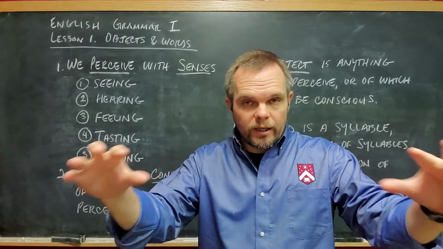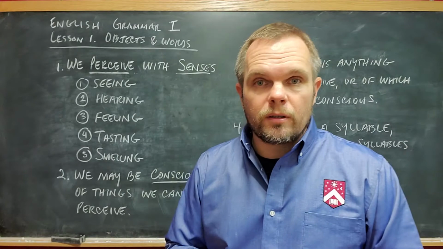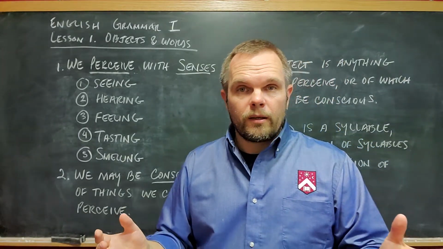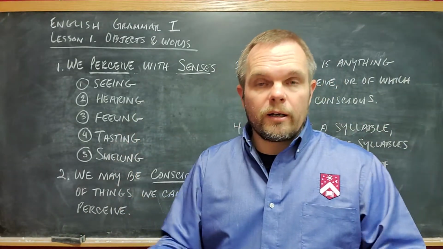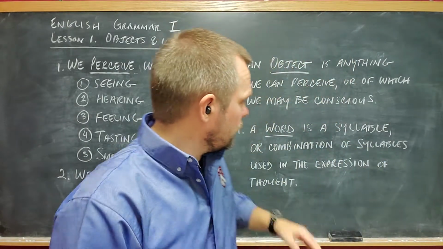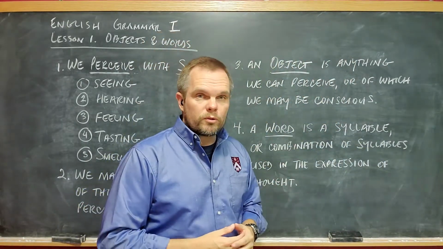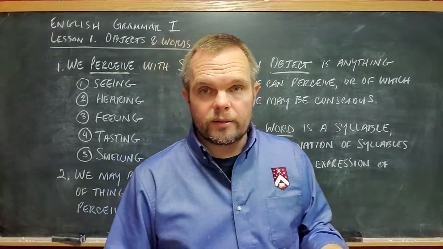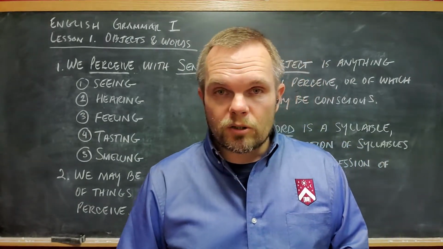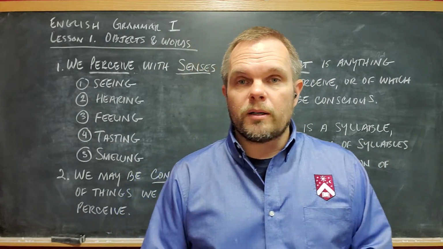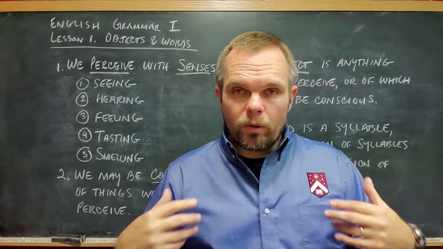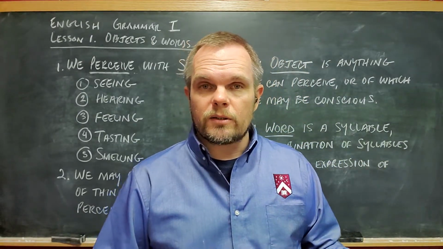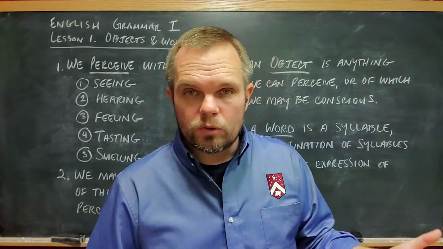And we can share our ideas with other people. The way that we share our ideas is with words. There are other ways we can share ideas. We can share ideas by drawing pictures and things like that, but usually when we want to share our ideas with other people, we use words.